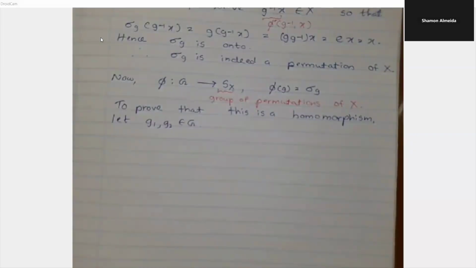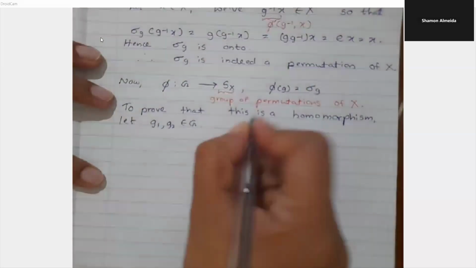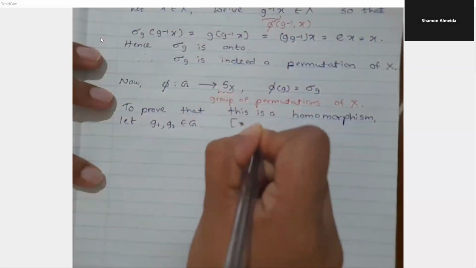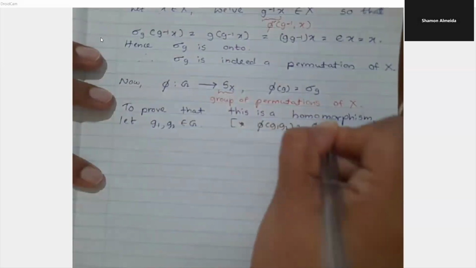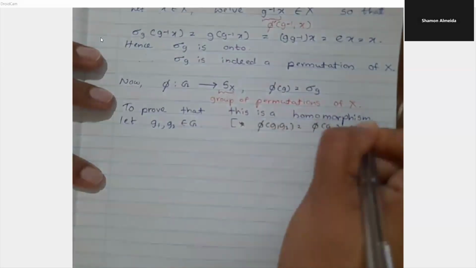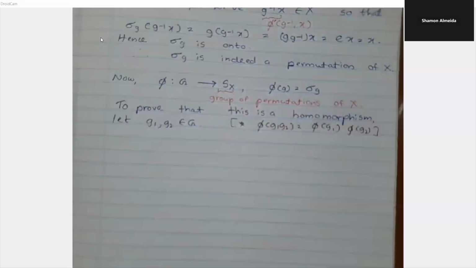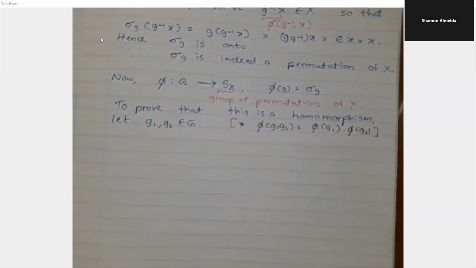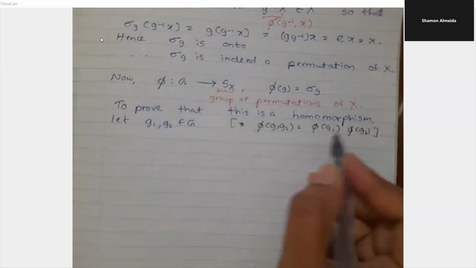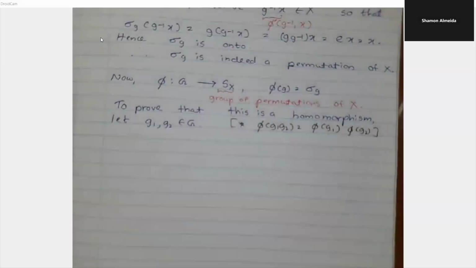Now, phi of g is given by this mapping sigma g, right? So, how are we going to show that the condition holds? The condition meaning we have to show that phi of g1 times g2 is in fact phi of g1 times phi of g2. What we are going to do is show that this equation holds for every x in X because these are maps. This is a permutation sigma g, this is a permutation sigma g.